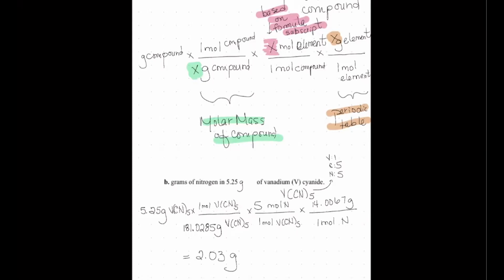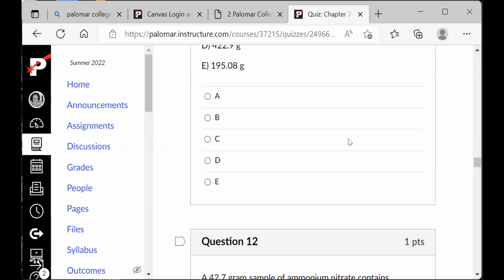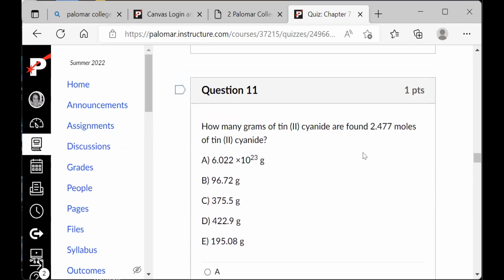So let me go back and share from the chapter quiz. So that process is what you use for question 12. See on question 11, that is telling you, oh, we start from moles. Remember that here you're going from moles to grams. This is not this process.